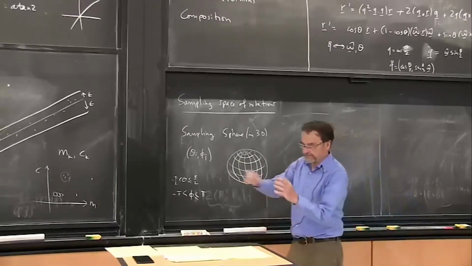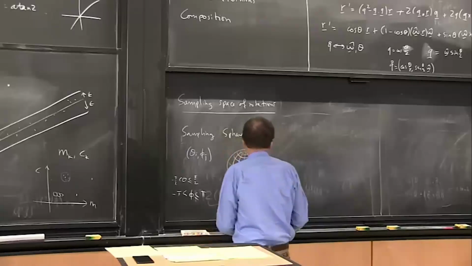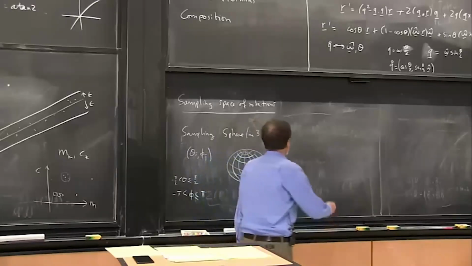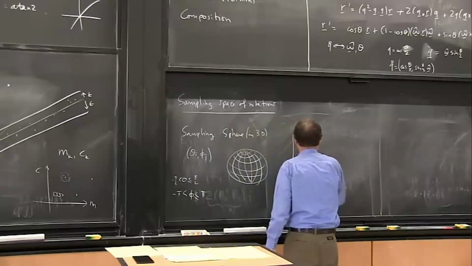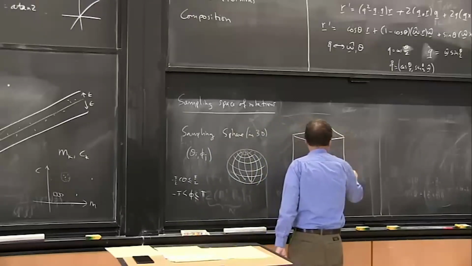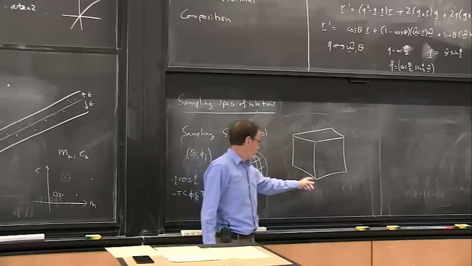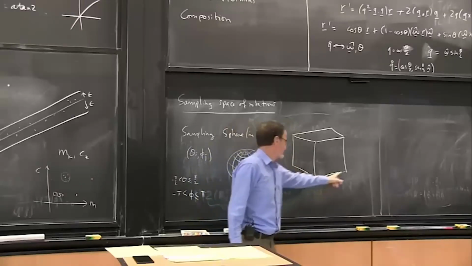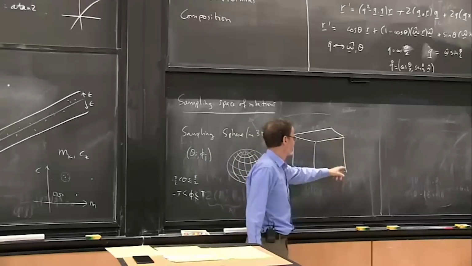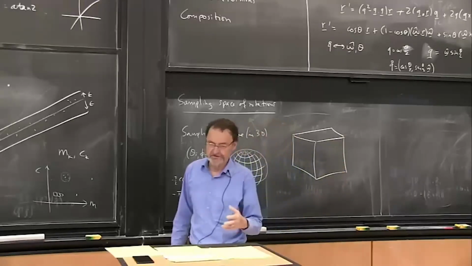Well, the trouble is we got this curved surface. If we had a Cartesian world, it would be easy to sample. If I have a cube, I can just have a uniform distribution in X, a uniform distribution in Y, a uniform distribution in Z. I call the random number generator 3 times.